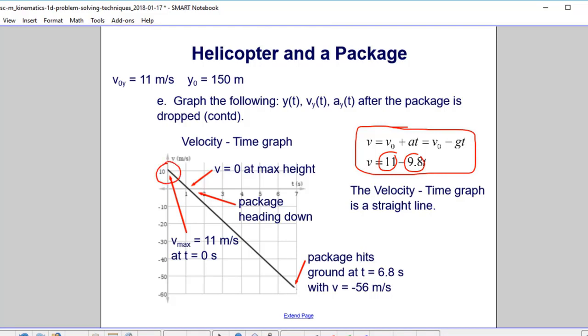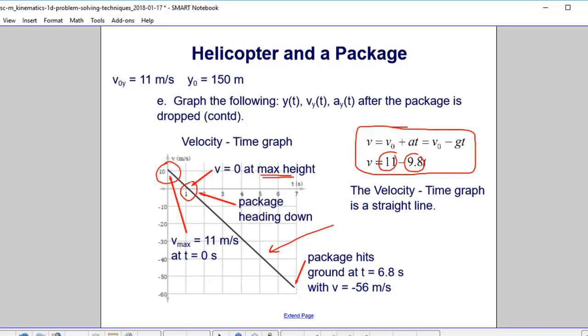So that's that point. We then know we have a slope of negative 9.8, which is how we can draw that line. Or we can just put a couple points. Right? We found our max height. We know the velocity is 0. So that happened at 1.1 second. That's right there. Okay, v equals 0 at max height, t equals 1.1 second.